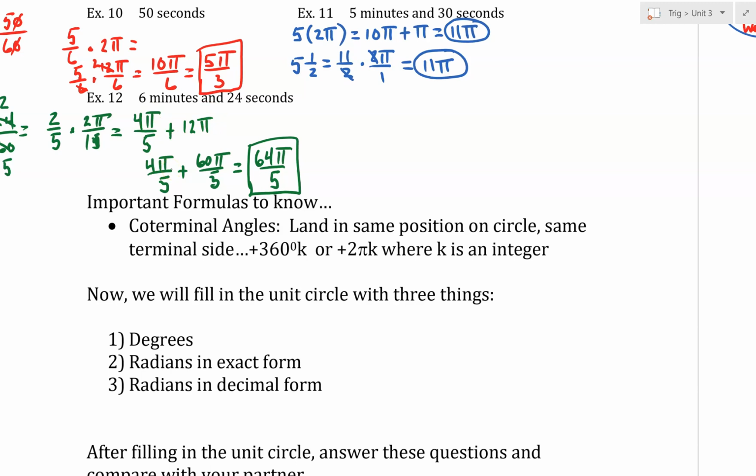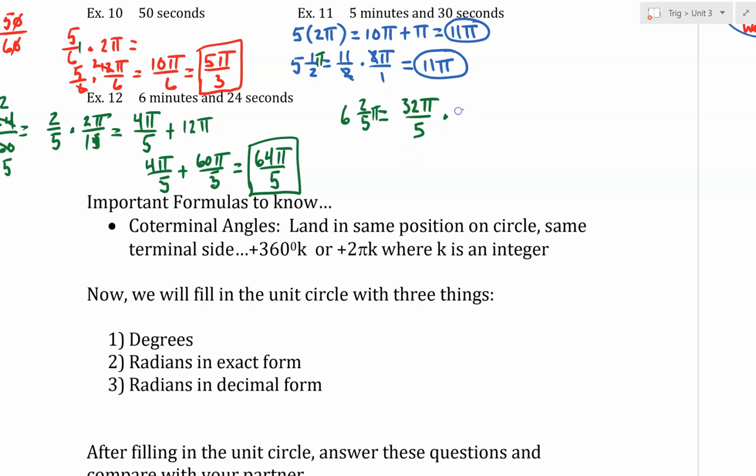The other way you could do this, just convert it all. This would be 6, and we said it was 2/5. Well, 6 and 2/5 would be 6 times 5 is 30, plus 2 is 32 over 5, times pi.